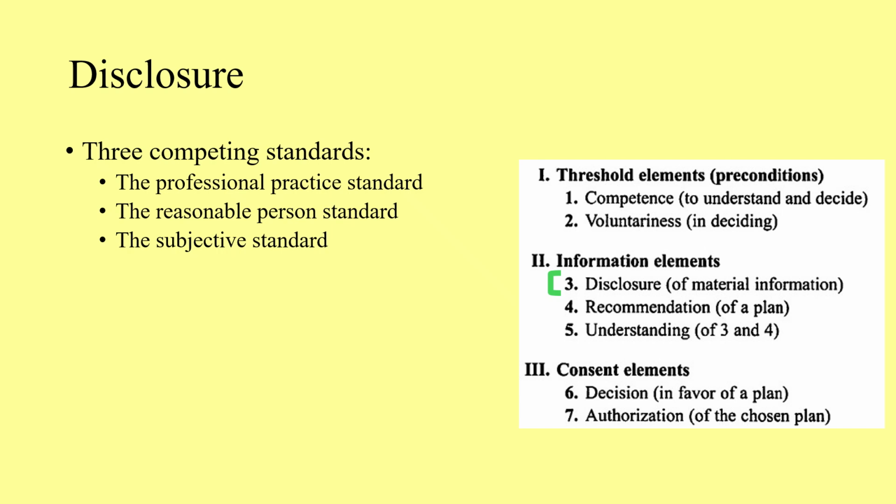The problem with this one is that it's hard to actually define what is material information, or what is important information that a patient should receive, and it's also difficult to define what it means to be a reasonable person. The abstract and hypothetical character makes it difficult to use this standard because ultimately we have to project what we think counts as a reasonable person or a reasonable patient.